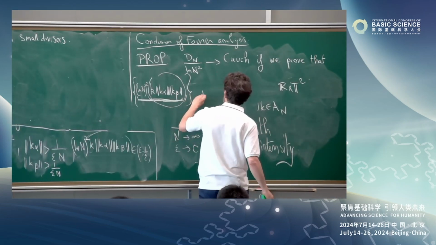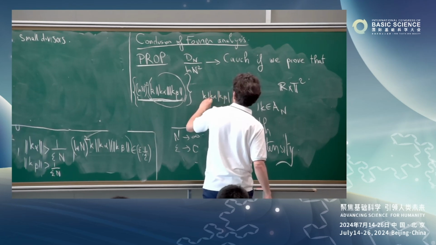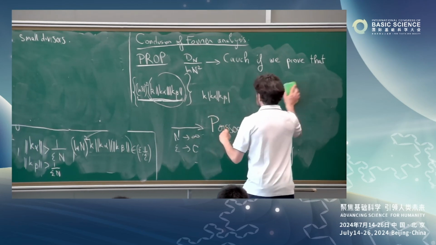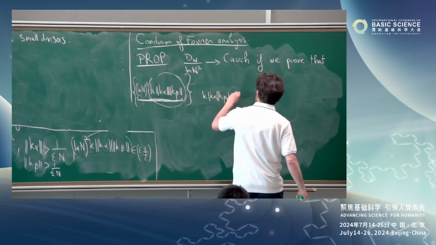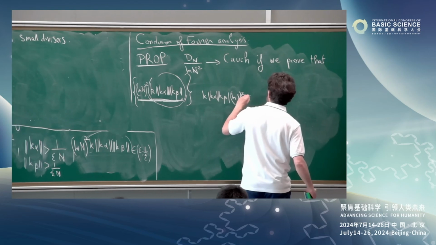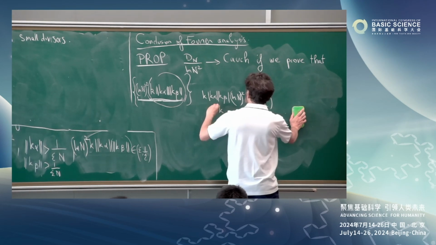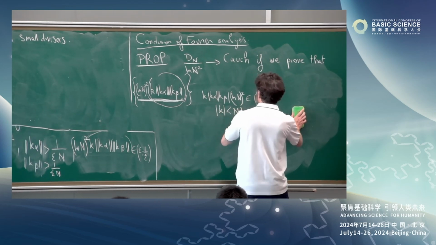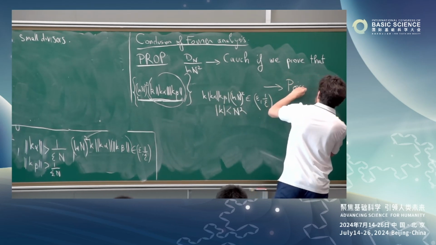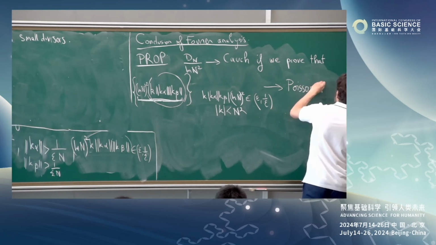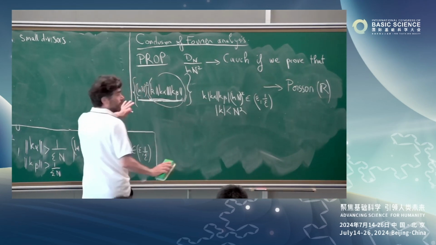Here I have k such that k alpha, k beta times (log n)^2 is in [epsilon, 1/epsilon], and k is less than n^2. I want to show that this thing converges to Poisson on R with intensity some constant C. We agree? Just this.